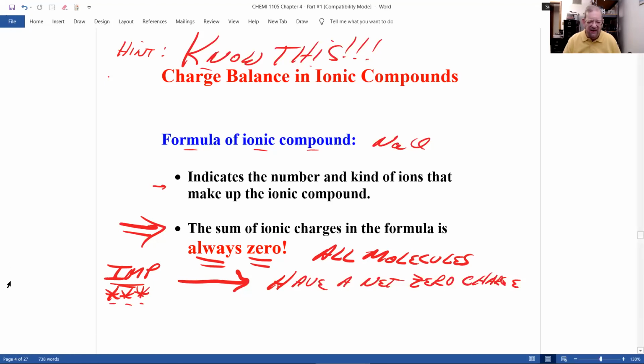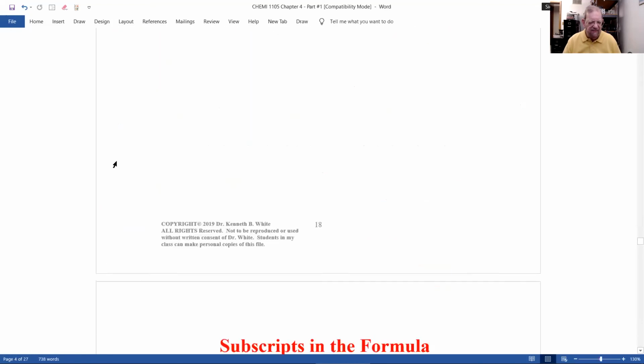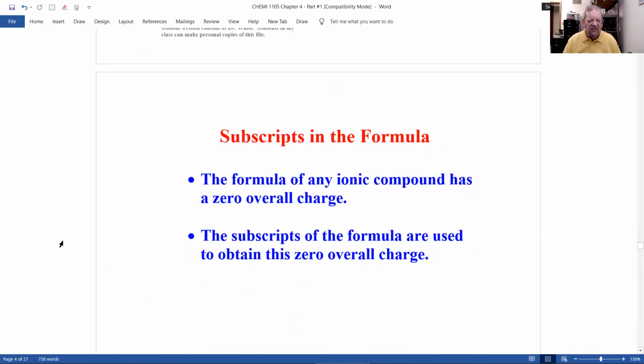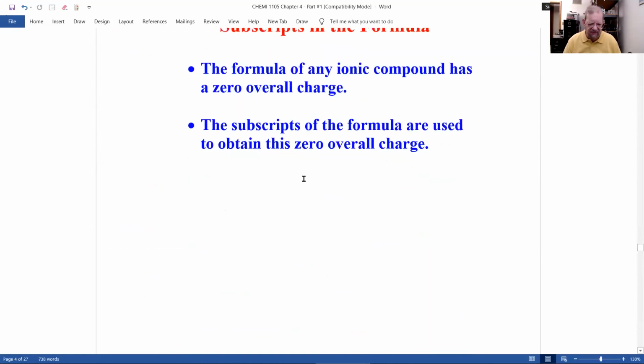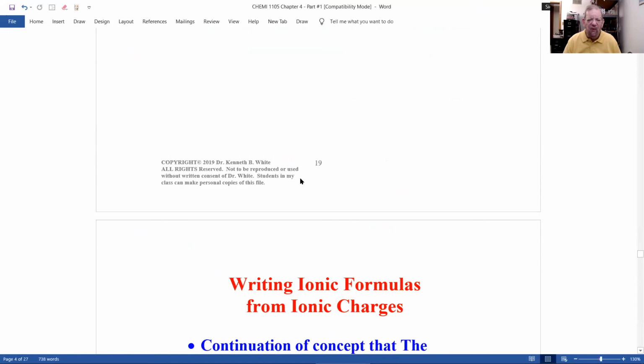So what does that mean? The subscripts in the formula of any ionic compound give a 0 overall net charge. And the subscripts in a formula are used to obtain a 0 overall charge. And what does that mean?